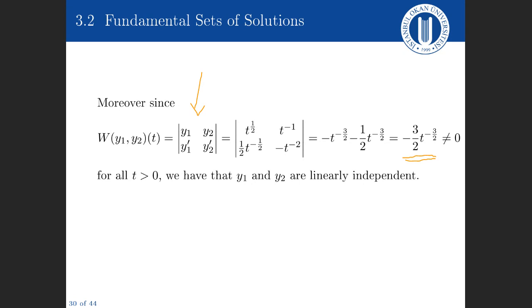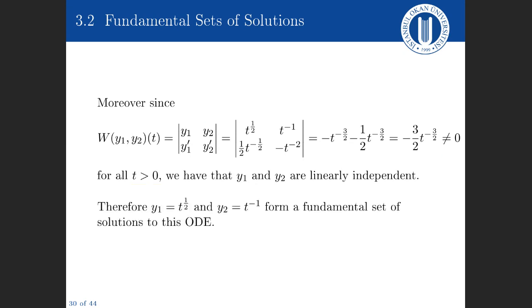And remember, because t is strictly positive, this is not 0. Because it's not 0 at least one point, in fact, it's not 0 everywhere, we found that y1 and y2 are linearly independent. And that's all we need to do. We have two solutions, and these two solutions are linearly independent. Therefore, they form a fundamental set of solutions to our differential equation.